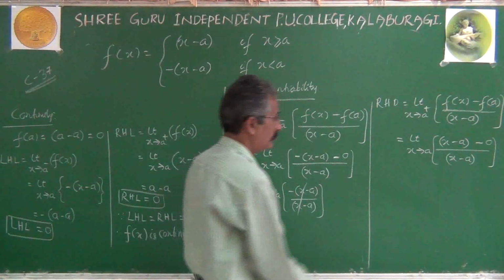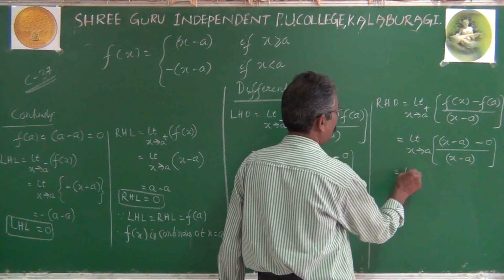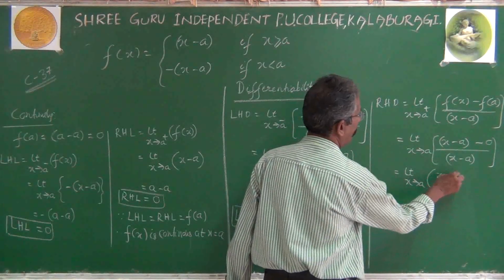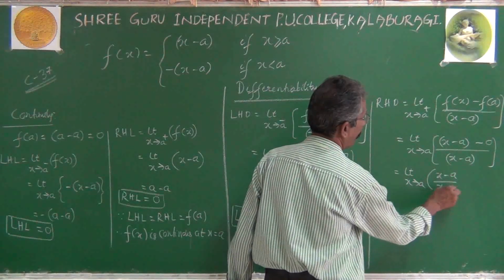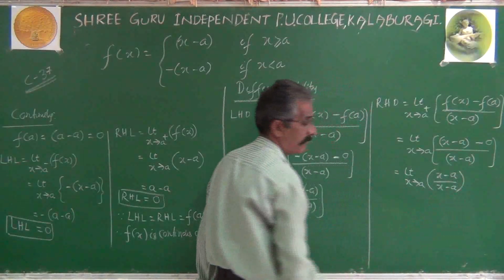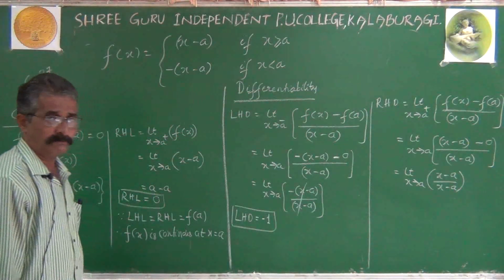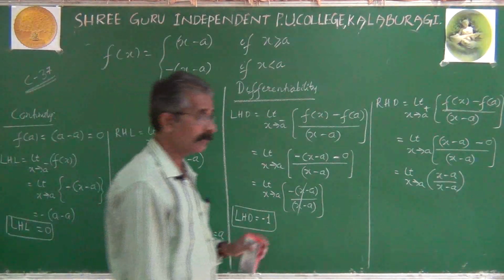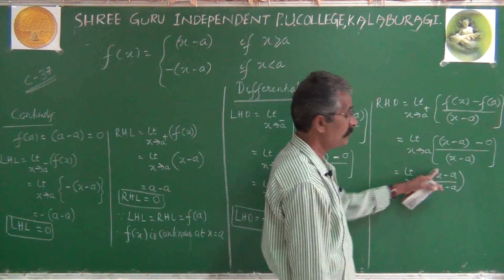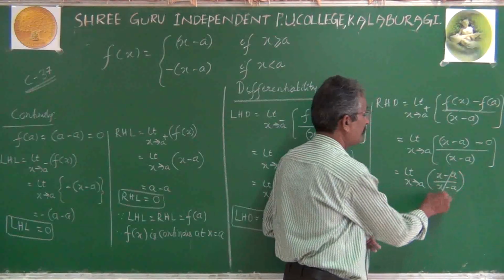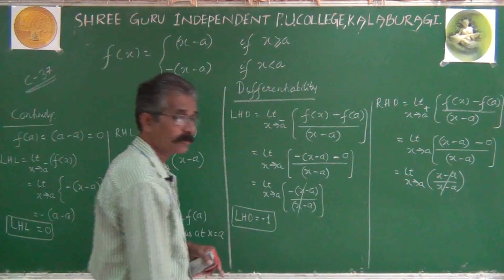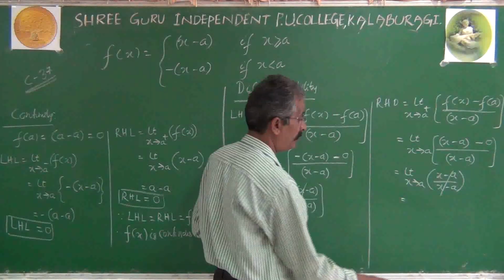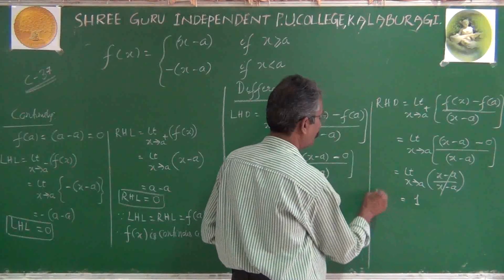Neglecting 0, we get limit x tending to a, (x minus a) by (x minus a). Because x is tending to a, meaning not exactly equal to a, that's why it will not be 0 by 0 form. So we are eligible to cancel those two factors, leaving out 1. The limit of 1 is 1. This is RHD.